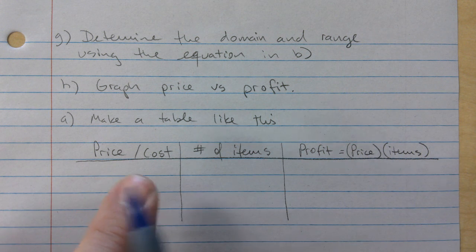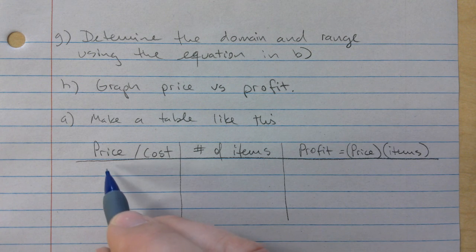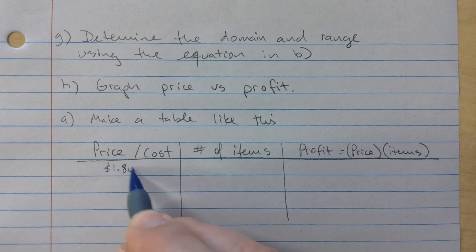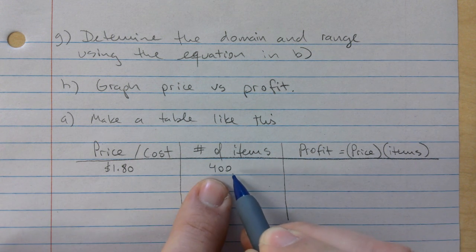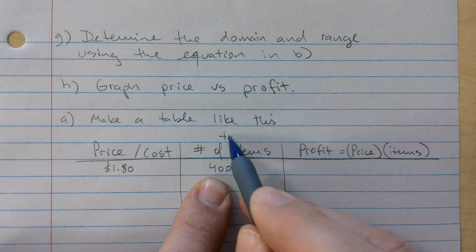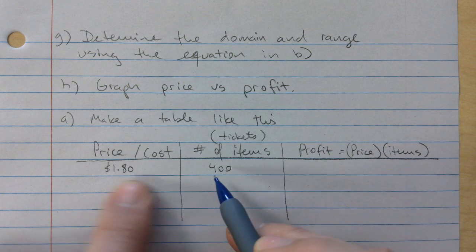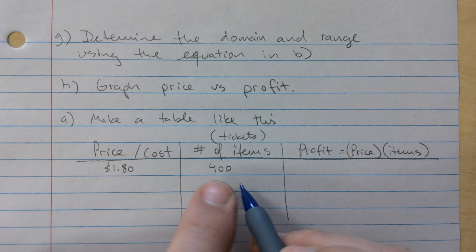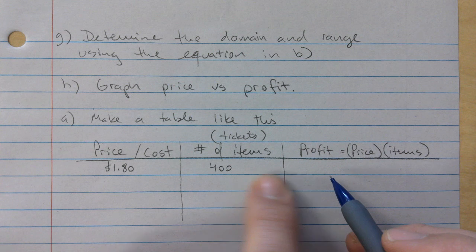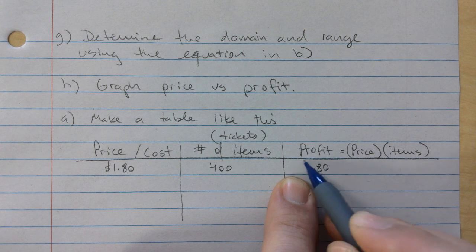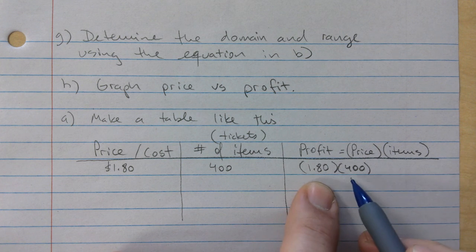Okay, so if you put price first and then number of items, it doesn't matter. But we know that if it's $1.80, they're charging them $1.80 when there are 400 students, and we know that the number of items are our tickets, right? In this particular case, it will vary. So $1.80 per ticket when 400 are sold. The profit under that circumstance would be $1.80 times 400. Okay, just like that.